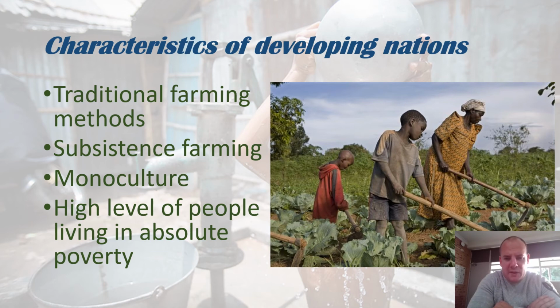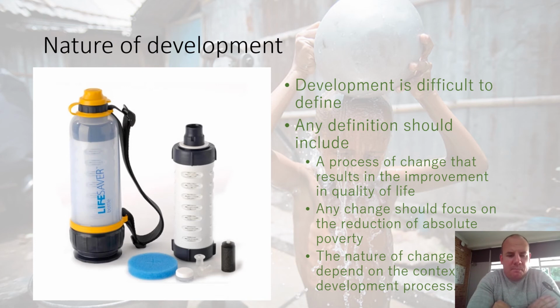And also within developing nations, there is a high level of people living in absolute poverty. So basically, the nature of development is difficult to define. There are lots of different definitions. Any definition should include a process of change that results in improvement in quality of life, a change of focus and a reduction of absolute poverty.